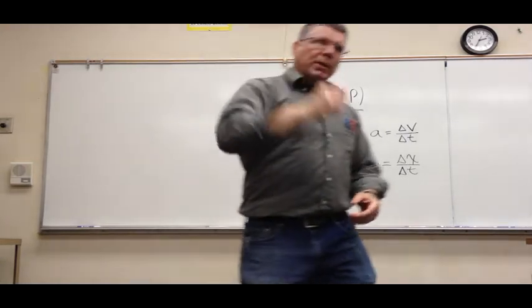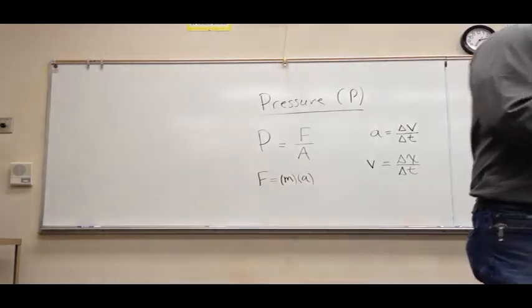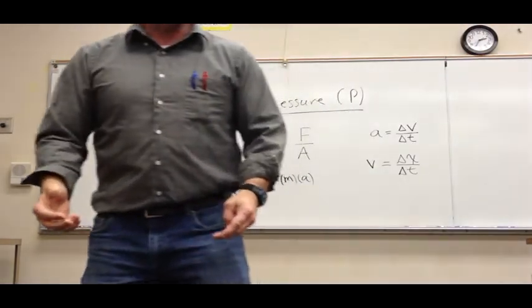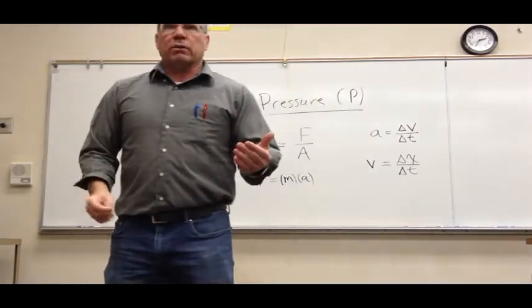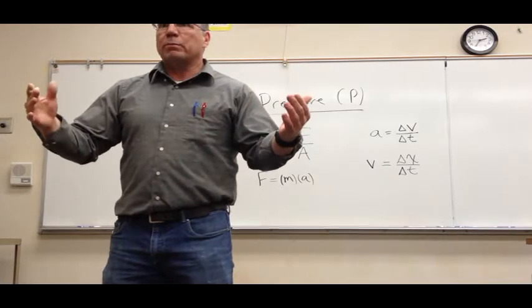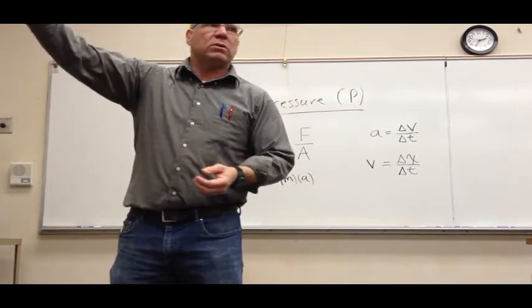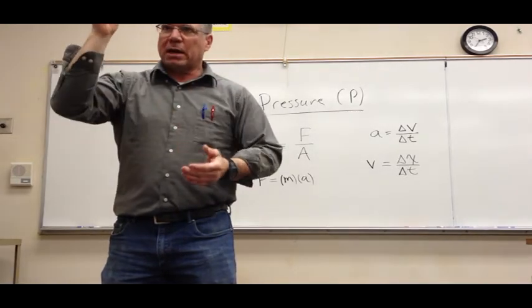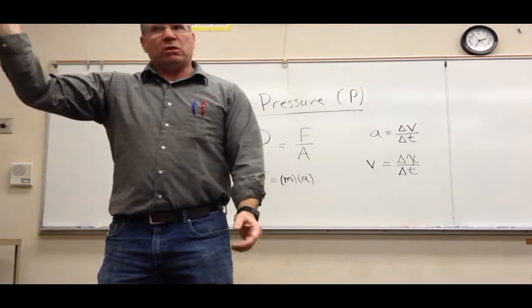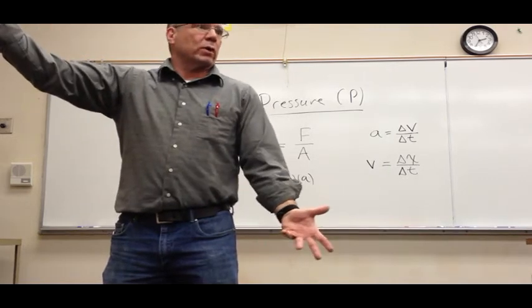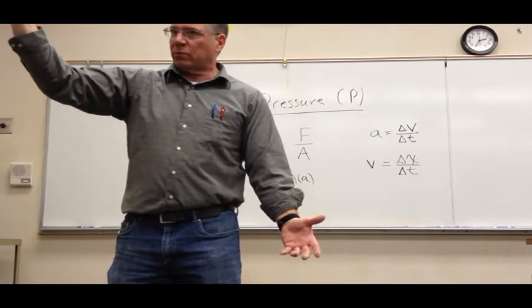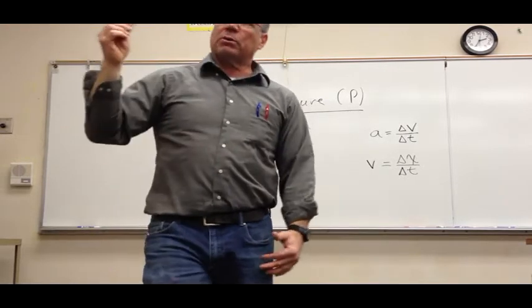And so in that balloon filled with helium atoms, there's 10 to the 23rd of them or so, right? At any given instant, some fraction of that number of helium atoms is going to be hitting the inside of the balloon, because each atom has mass and it's changing its velocity. It's undergoing acceleration when it hits the inside of the balloon, which means it's applying a force over that area, which means it's exerting a pressure.